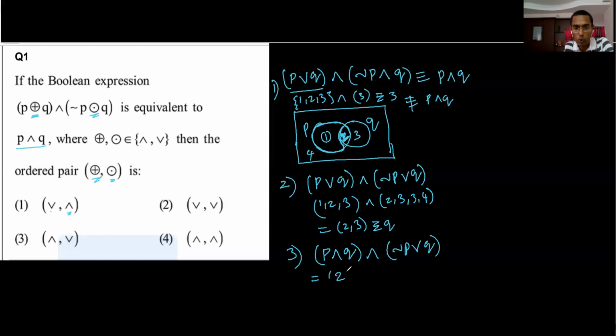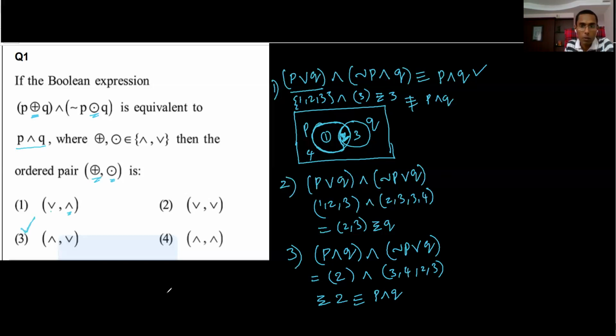Negation P means not 1 and 2, that means 3, 4. Q means 2, 3. Here and means 2 only is common. So 2, which is nothing but P and Q. So now you got it. P and Q. Therefore, the answer is 3.